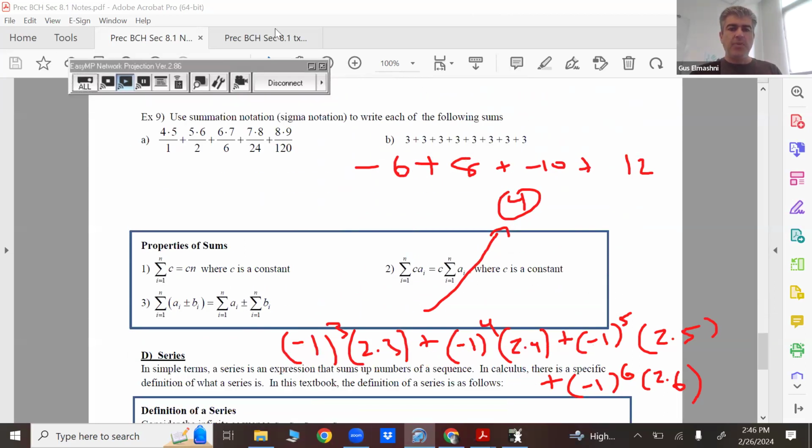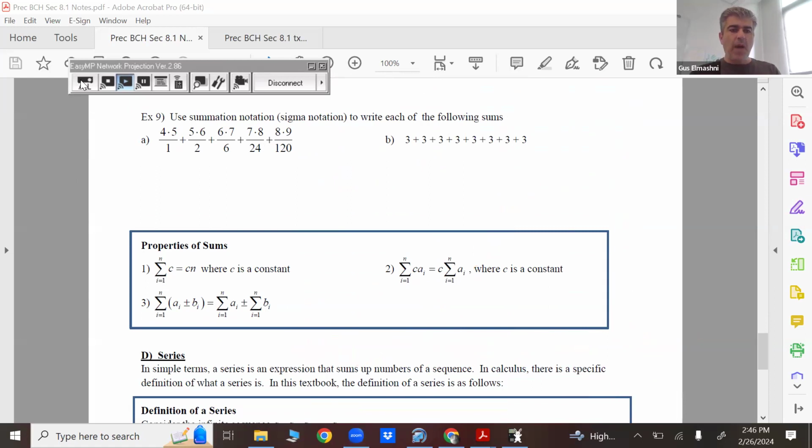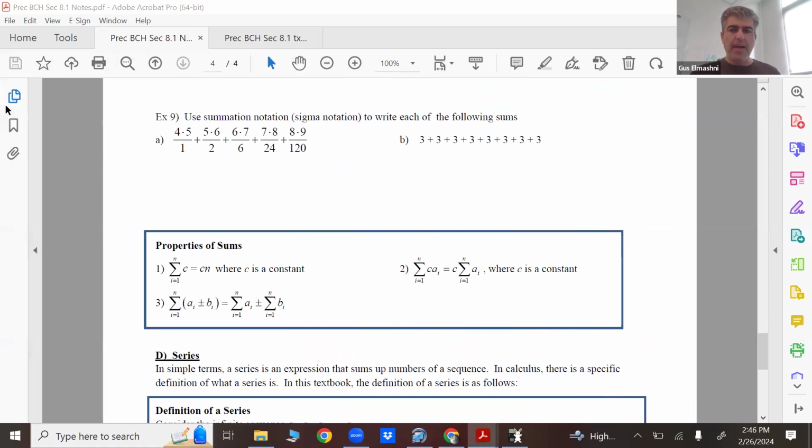So here now you're asked to use summation notation to work this out. So how would I write this in summation notation? I'll use i. You can use any letter, totally arbitrary. Let's say this is i, and let's say this is i plus 3 times i plus 4.